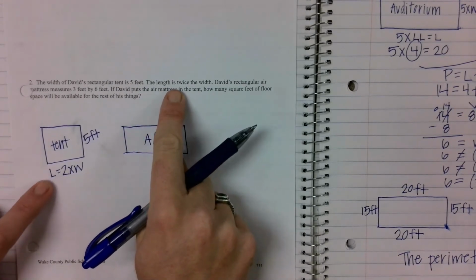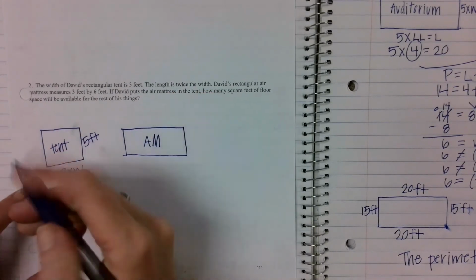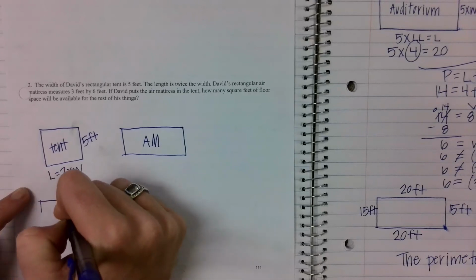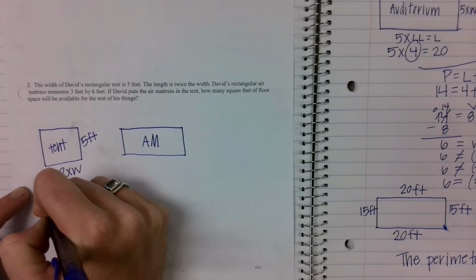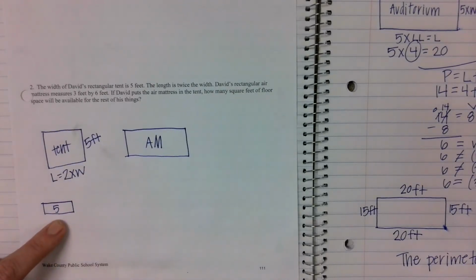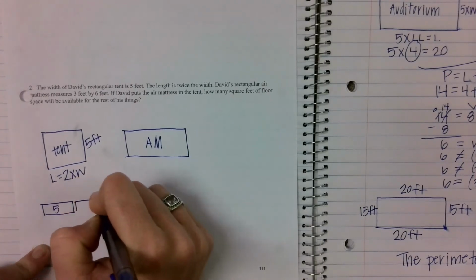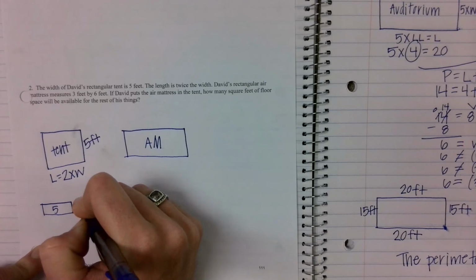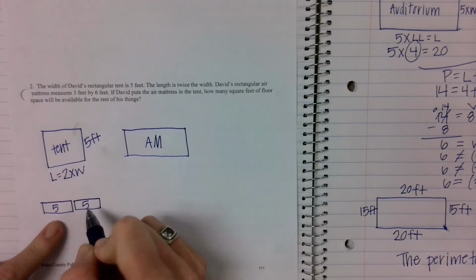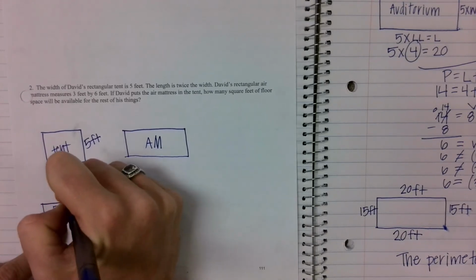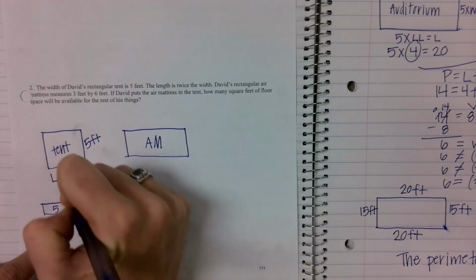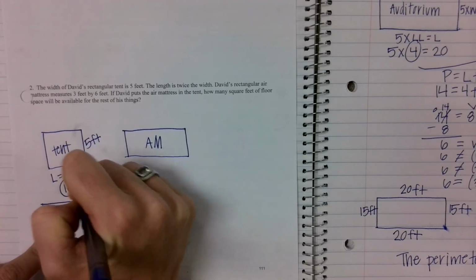The length is twice the width. So if this is the width, it is 5, and then we need twice that amount. 2 times 5 equals 10. This is straight 10 feet.